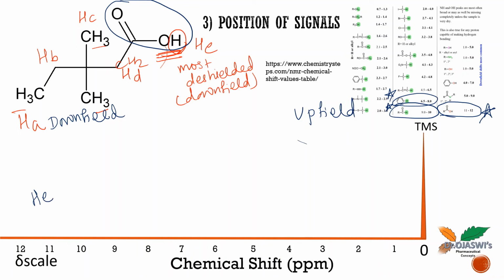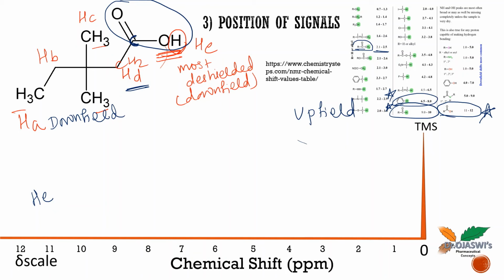Next, closer to this carbonyl group is Hd. So Hd, that is CH2, this is CH2, but it has a carbonyl group adjacent to it. So if you see here, RCOCH3, it is like that, 2.1 to 2.5.